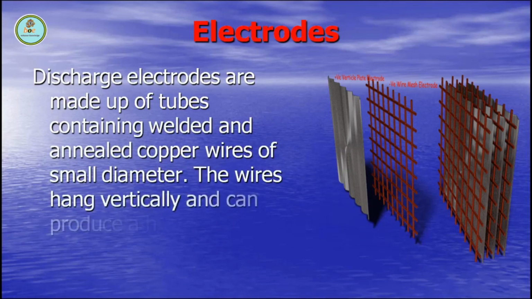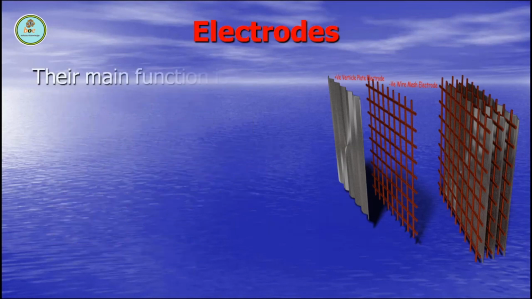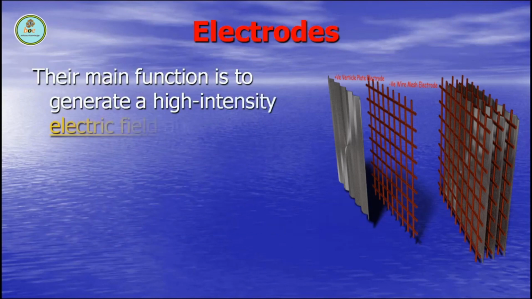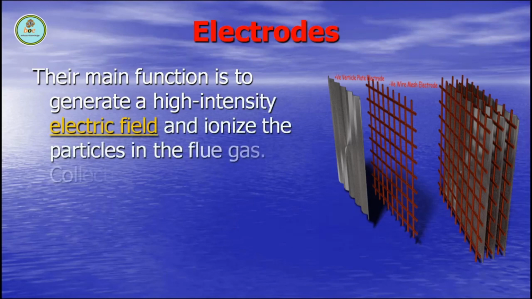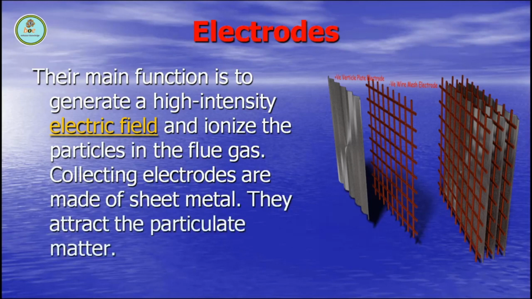The wires hang vertically and can produce a high amount of corona discharge. The main function is to generate a high intensity electrical field and ionize the particles in the flue gas. Collecting electrodes are made of sheet metal. They attract the particulate matter.